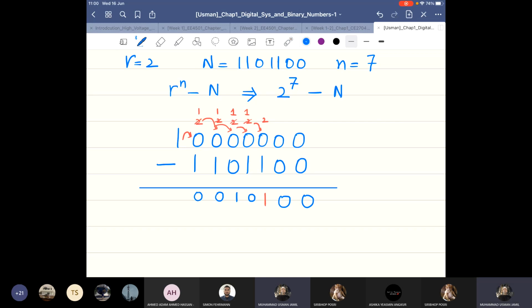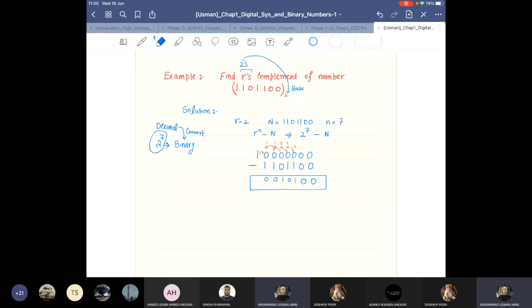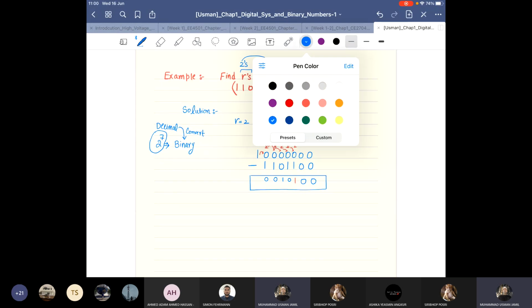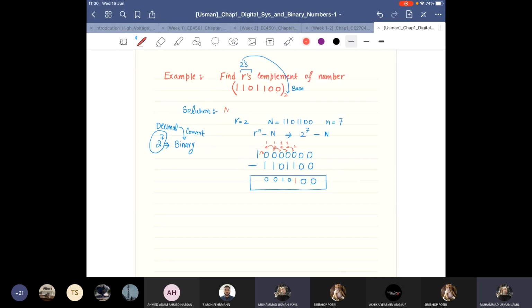So this is our answer. Maybe we can say this is method 1. Solution with method 1.